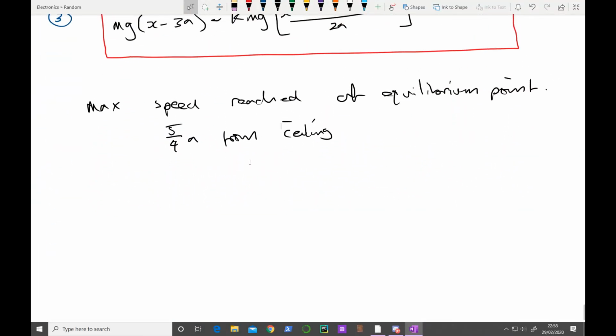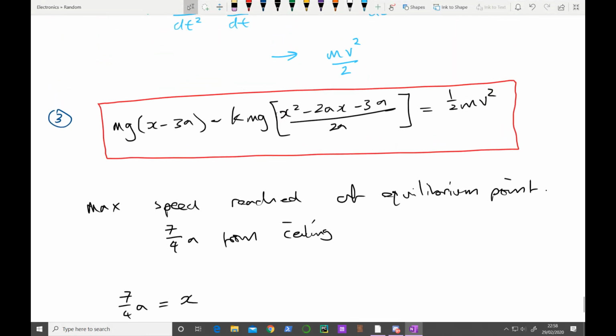My bad, 7/4 a. So the equilibrium point is 7/4 a from the ceiling. So 7 over 4a in this case equals x. And then we plug that into here, we rearrange, and we should get v again. Remembering also that k equals 4/3.